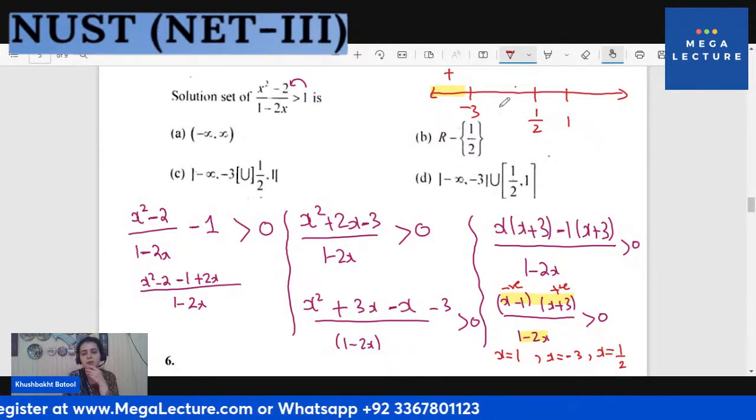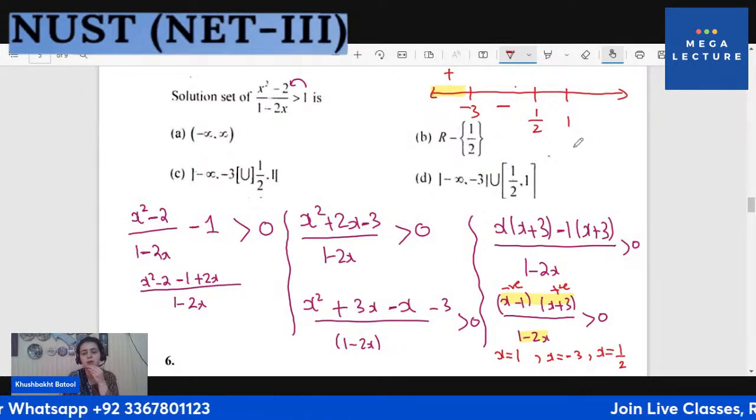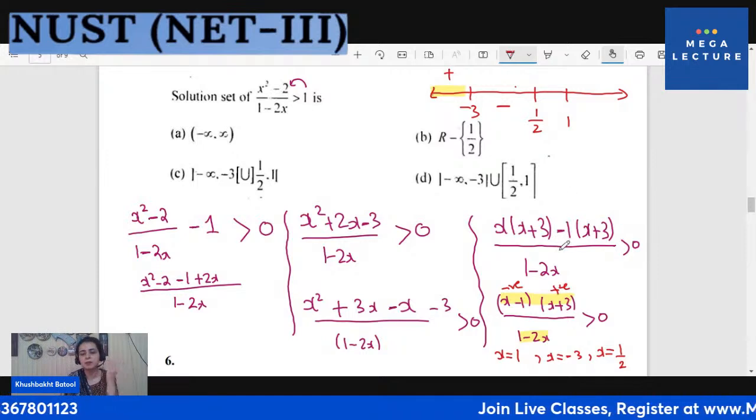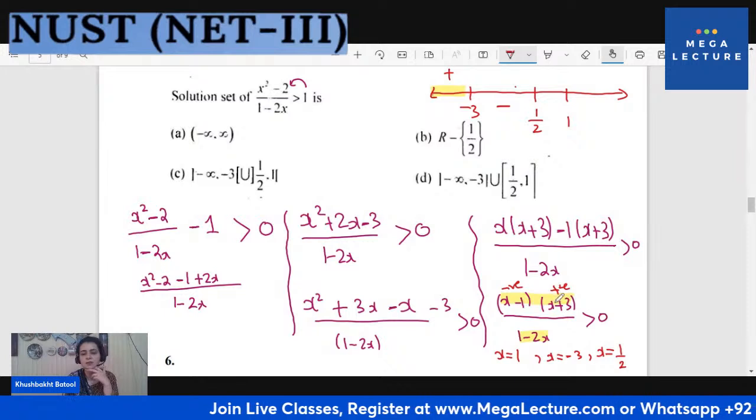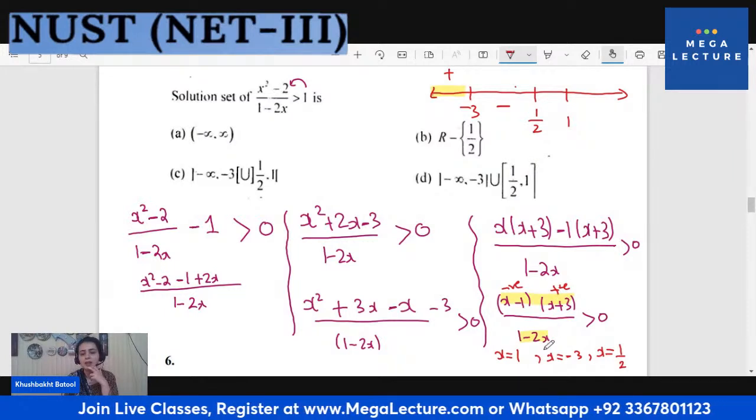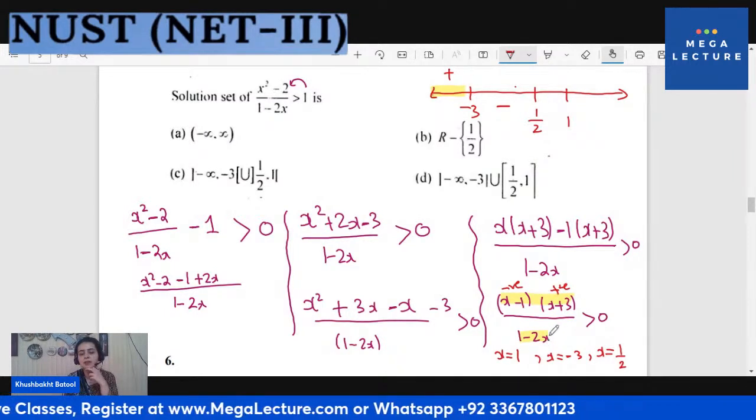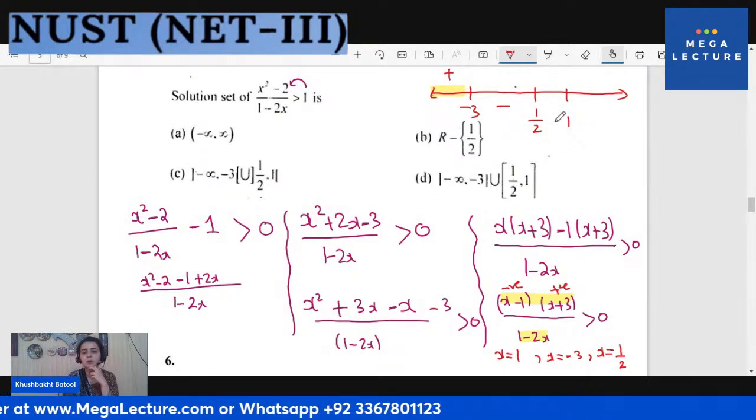So this would give you negative. And then between 1 by 2 and 1, you can think about, let's say, 3 by 4. So 0.75 would give you a negative, a positive, and then again a negative in the denominator. So in total it would be positive.